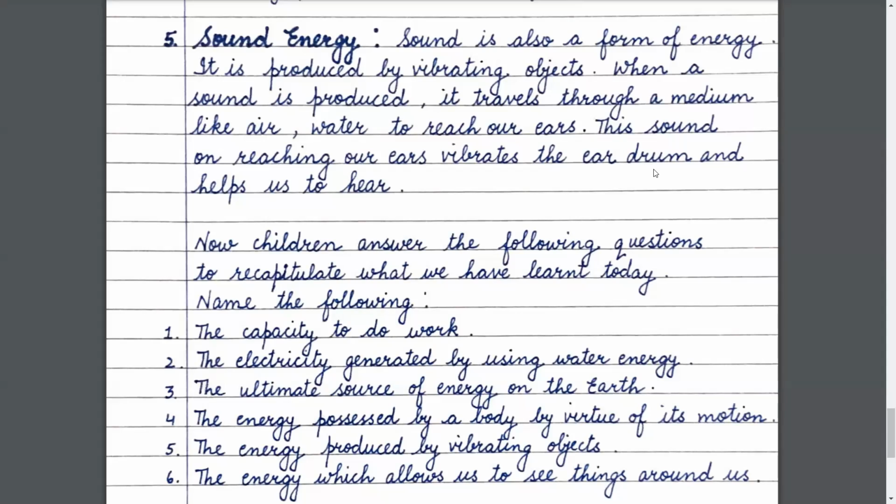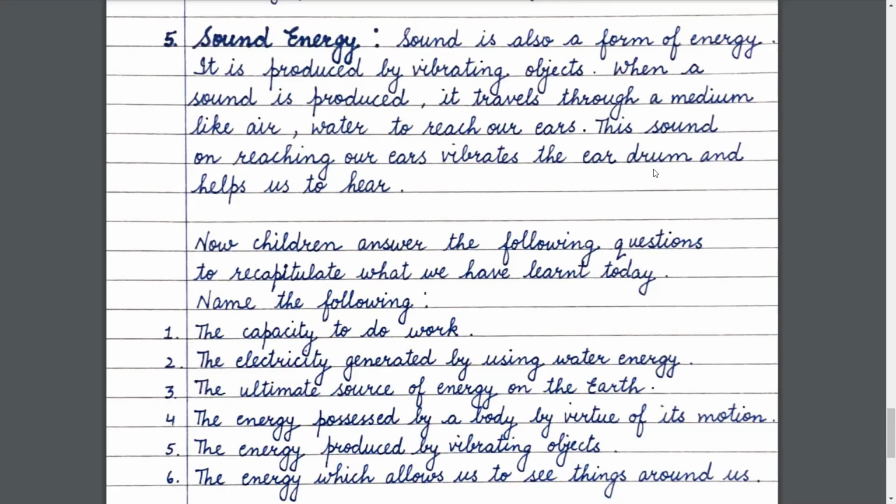Now, children, answer the following questions to recapitulate what we have learned today. The question is name the following. Number one, the capacity to do work. Number two, the electricity generated by using water energy.